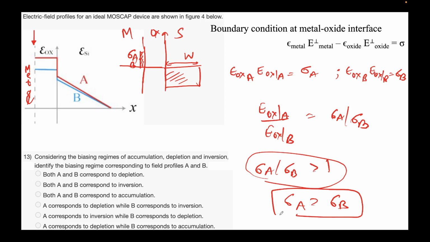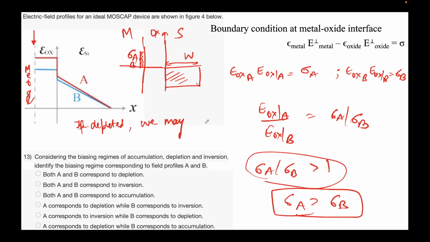In depletion, so remember, if depleted, we may enter inversion. If bias is increased, depletion width does not increase.